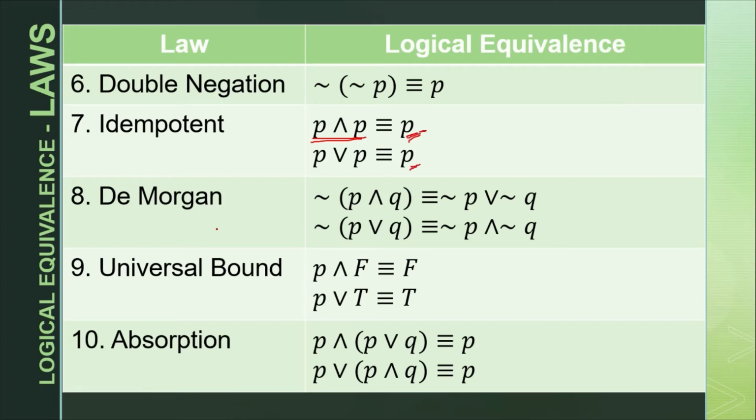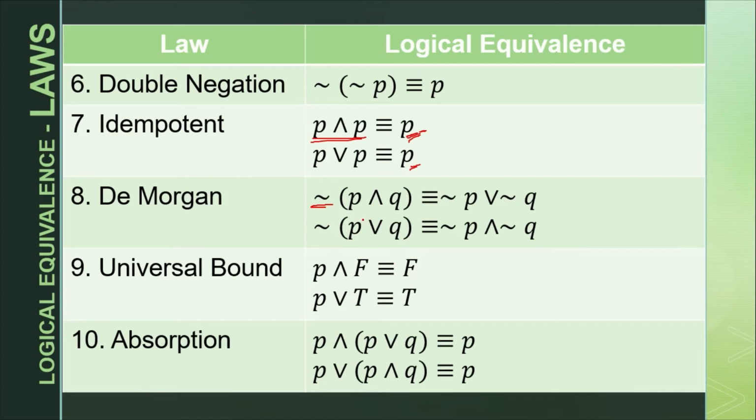Now, please be careful of this De Morgan. It's just like distributing a negation, a logical not connective. So when you distribute this negation inside the parentheses, all of them are negated or inverted, including the connective. If you're using disjunction, then when you move this tilde or negation sign inside the parentheses, the operator would be changed.